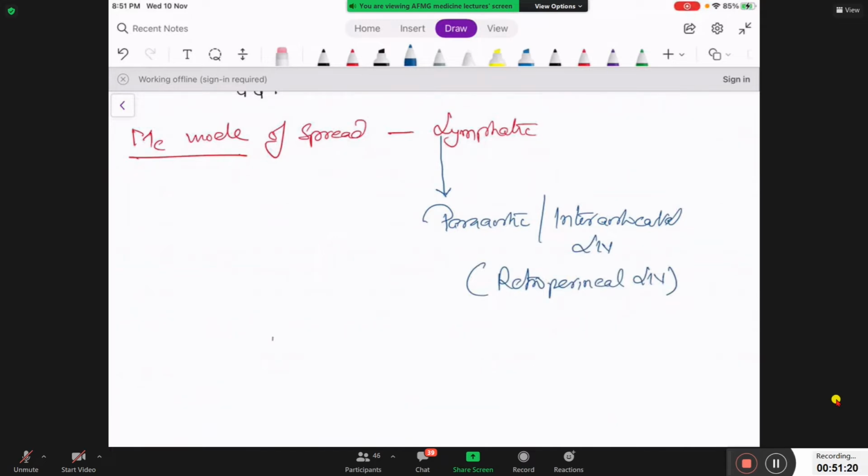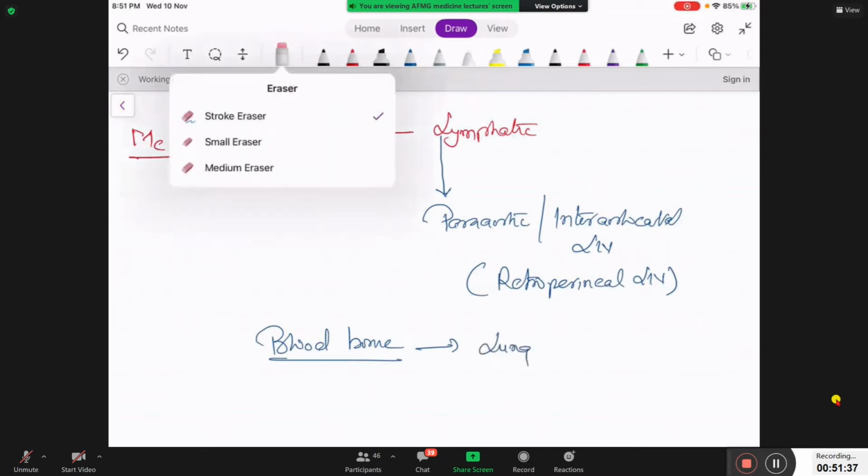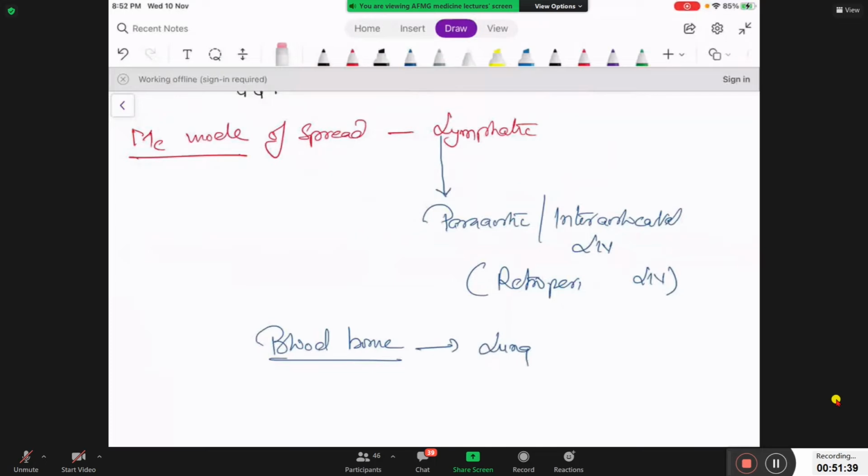Testicular malignancy can also spread by a blood-borne route. When it spreads by a blood-borne route, the most common site of distant metastasis is lung.